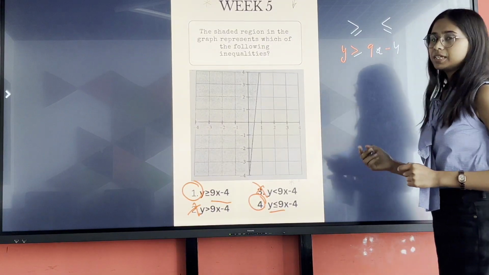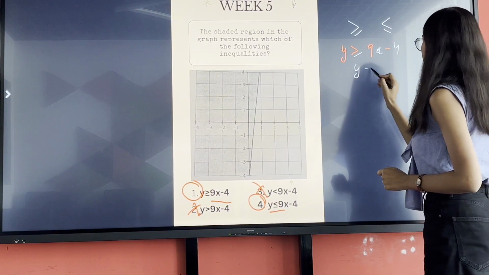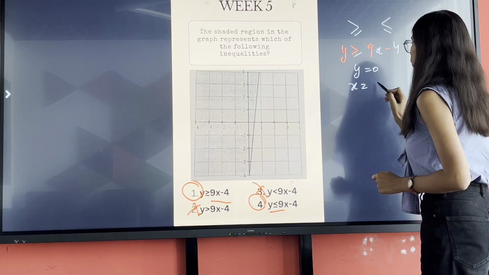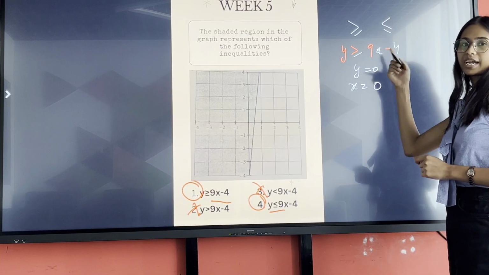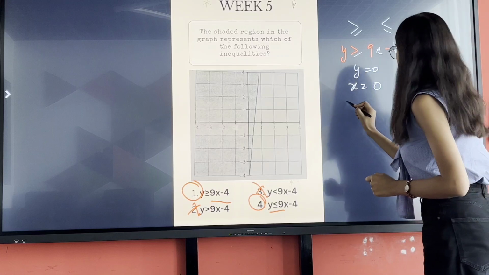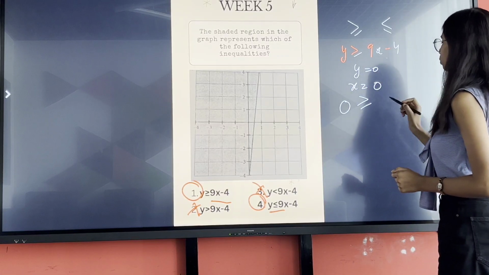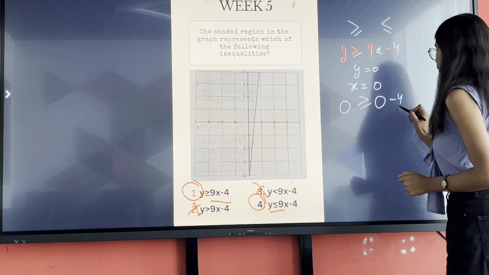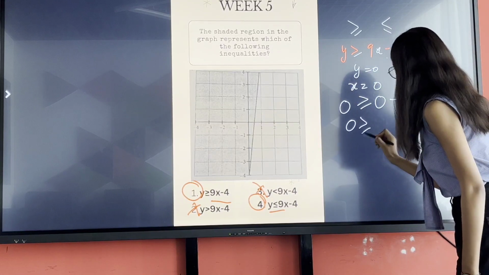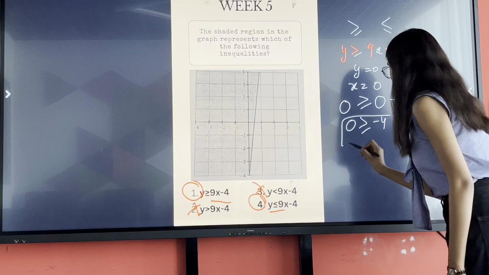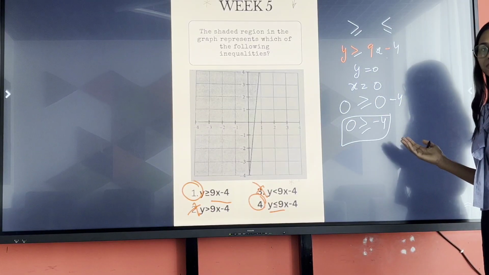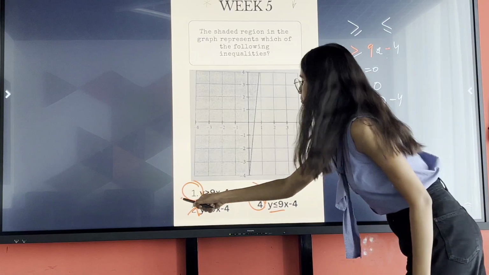The origin test means put y equals 0 and x equals 0 and see if the origin is satisfying the inequality. So we put y as 0 greater than or equal to 9 into 0, which is 0, minus 4, which gives me 0 greater than or equal to minus 4, which is a true statement. 0 is greater than or equal to minus 4. So my correct option is 1.